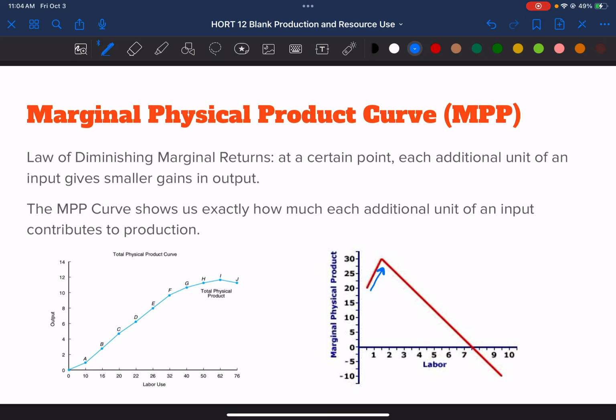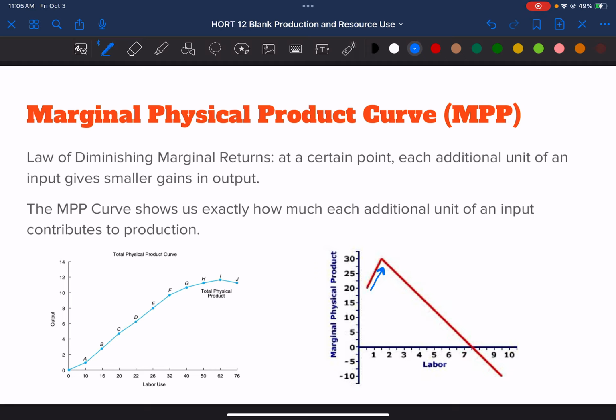They may need more physical space to work. They might be sharing equipment or something. They're going to start getting in each other's way, and production is going to actually slow down. You're not going to get as much value out of each additional laborer that you add. So that's the law of diminishing marginal returns. At some point, each additional unit of an input gives you smaller gains in output.